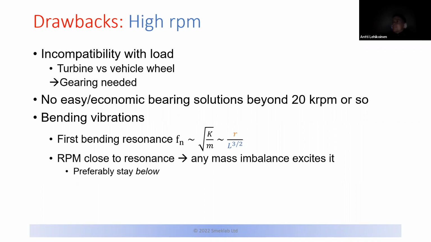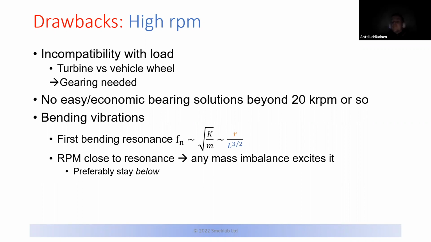And it turns out you don't wanna spin your machine close to that frequency, because if you do, then any mass imbalance in the rotor, and you will always have some, it's very difficult to have a perfectly balanced rotor.